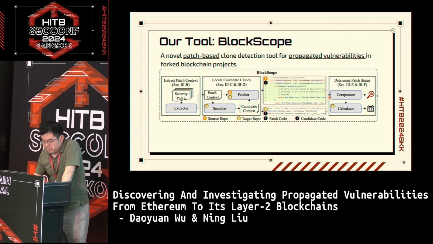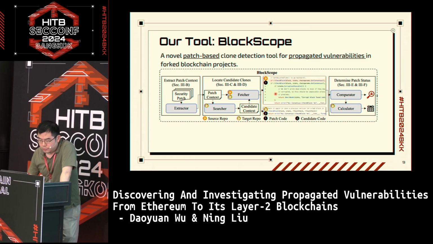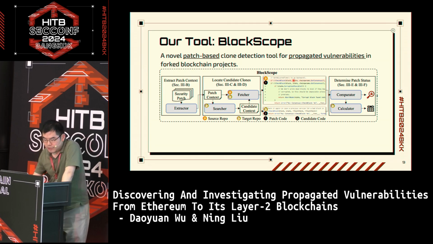So this is the original patch information, and this is the candidate code from Dogecoin. After that, we have the most important component, the comparator. It is a similarity-based tool to compare how similar this candidate code is to the original vulnerable code, or whether it is more similar to the patch code.